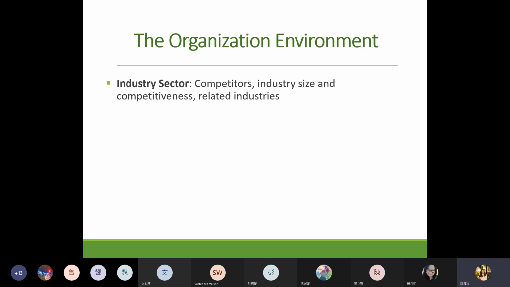So the characteristics of the industry that you are trying to compete in, for example, the number of competitors, industry size, the related technologies, related services, related industries. All of these factors can somehow shape the decision of your organization.